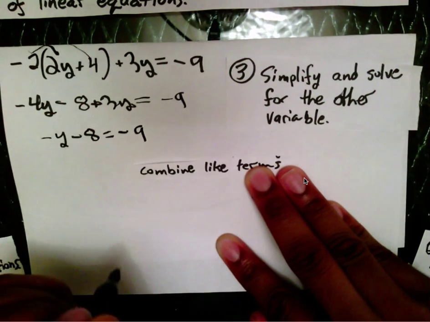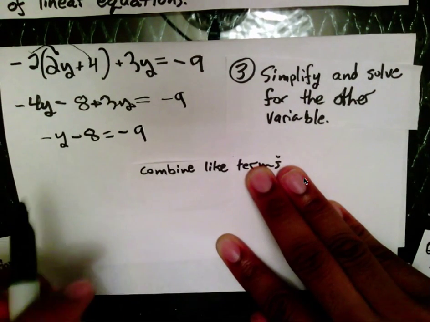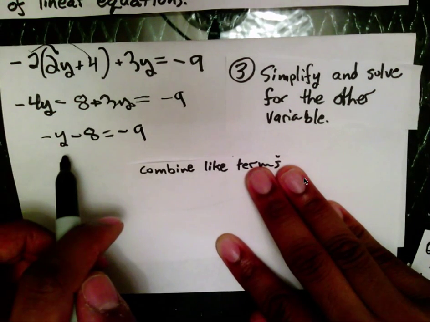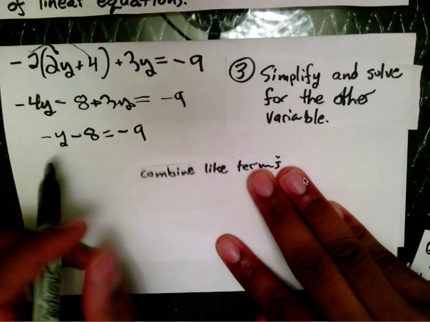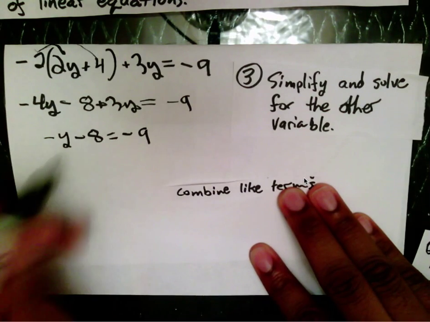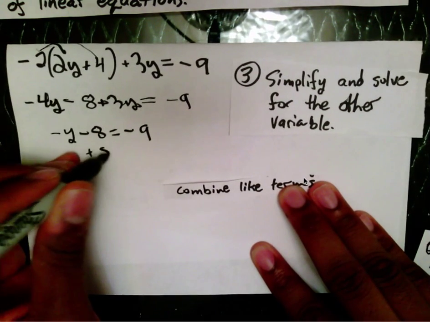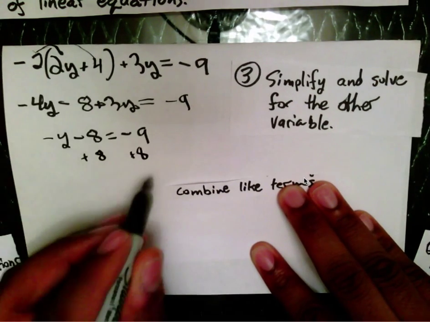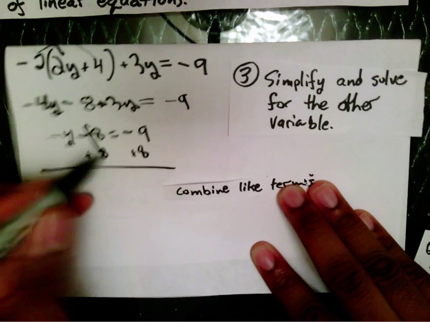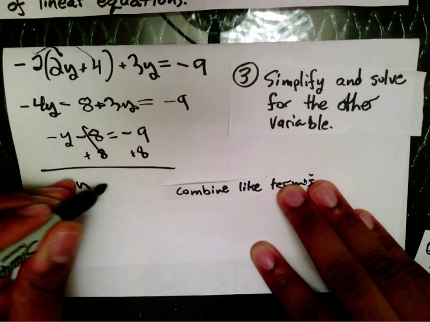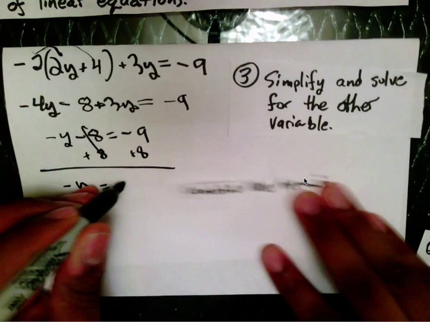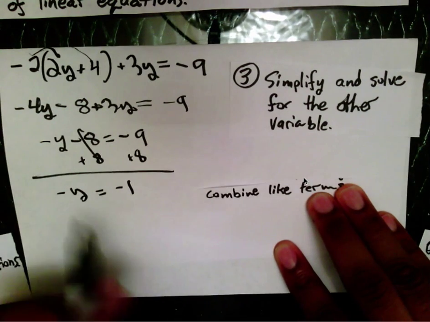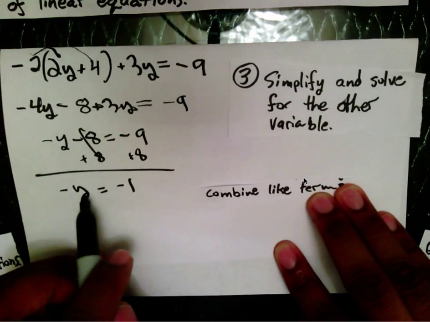There we go. And now I want to get my y by itself because I'm trying to solve for y. So let's add 8 to both sides to get rid of that 8. Negative y equals negative 9 plus 8, which is negative 1. But I have what negative y is, and I want to solve for y.